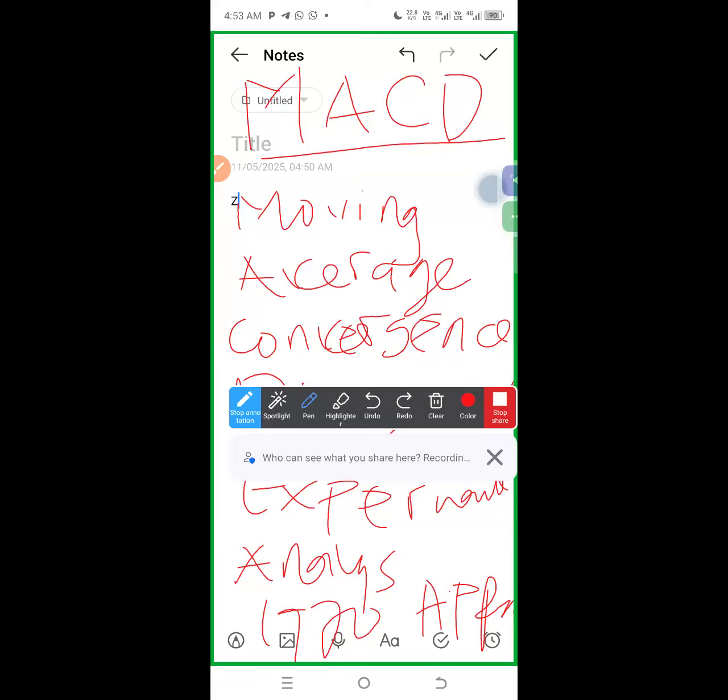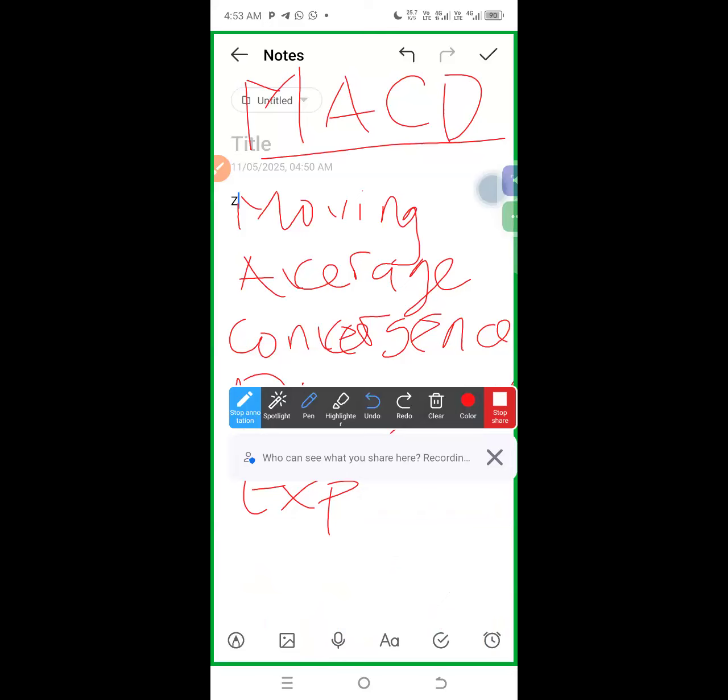Just as we learned about the categories of indicators, MACD mainly has two categories. It's a trend line following momentum indicator. Though MACD is a trend line indicator, it also follows what we call momentum. It is derived from the moving average.